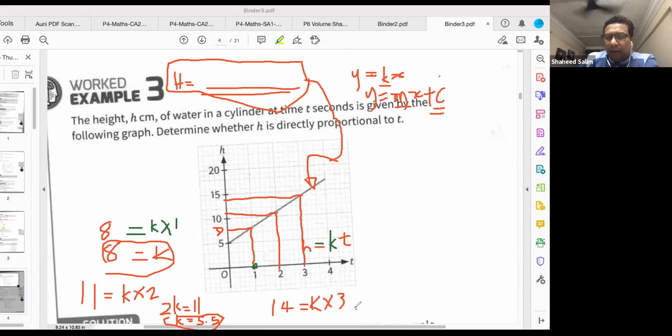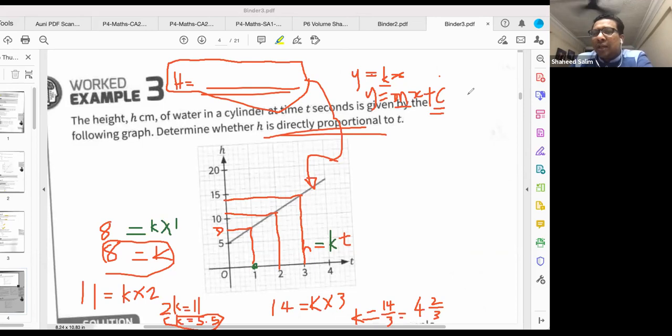What is K? K equals 14 divided by 3. Alamak, headache. 14 over 3 is 4 and 2/3. Can you see? K is changing all the time. So it is not directly proportional.